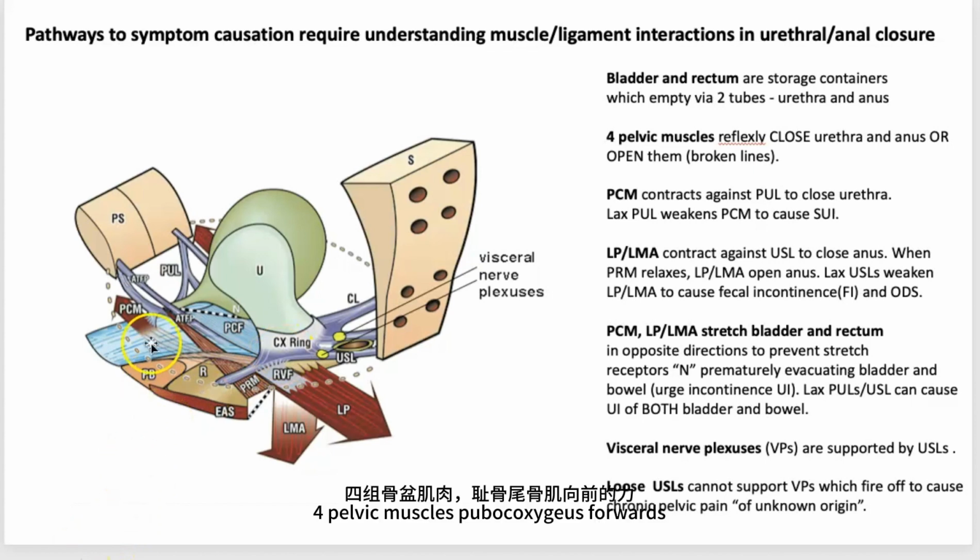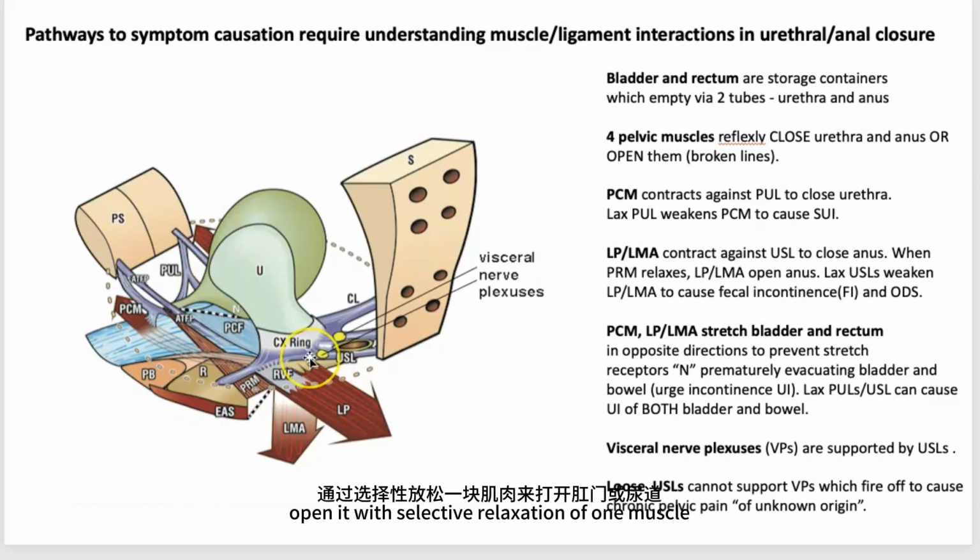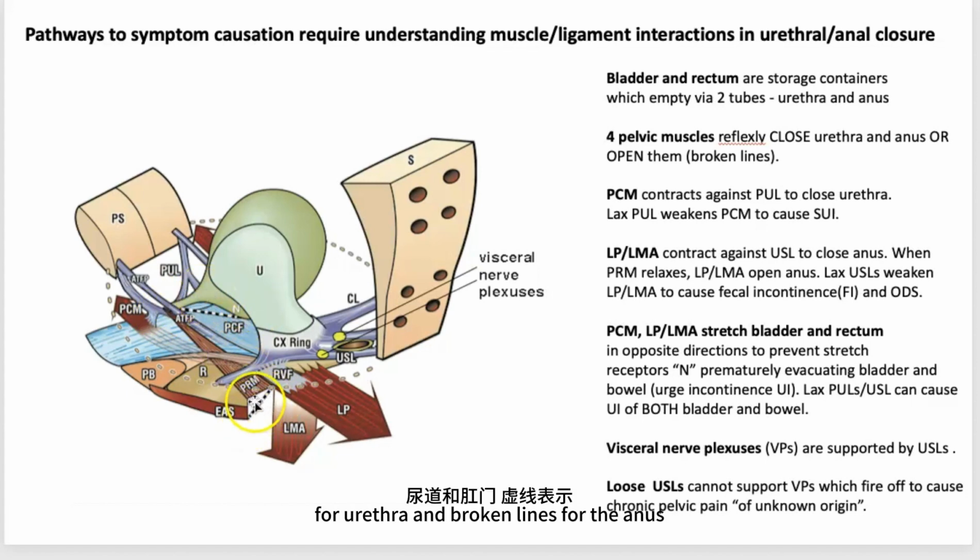Four pelvic muscles: pubococcygeus forwards, levator plate backwards, conjoint longitudinal muscle of the anus downwards, and puborectalis muscle contracting forwards. They close the urethra and the anus, and they also open it with selective relaxation of one muscle, and this is shown by broken lines for urethra and broken lines for the anus.